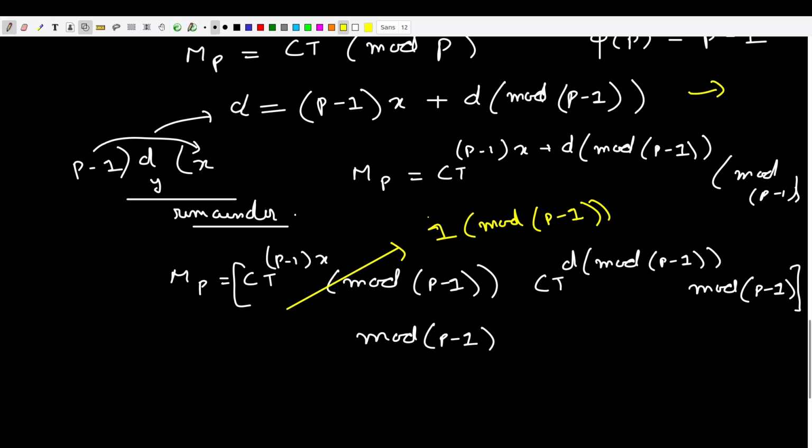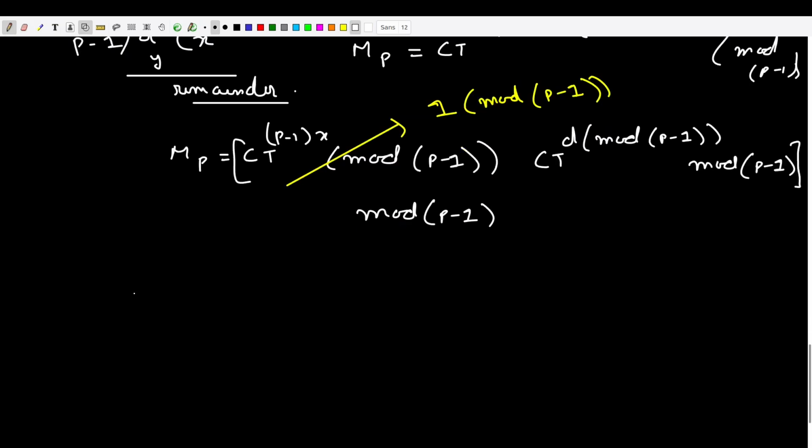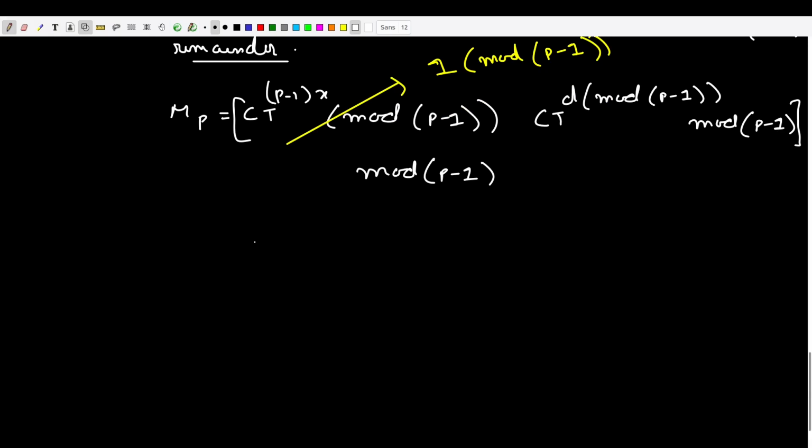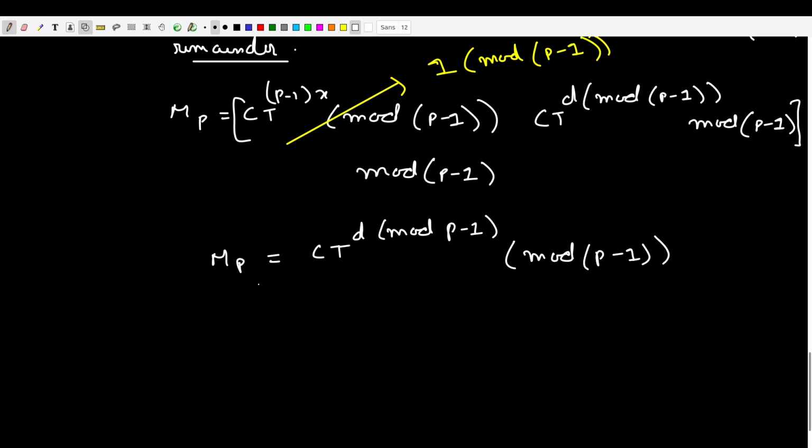So this becomes 1, because of which MP gets reduced, or MP has been optimized, to ciphertext to the power d mod p minus 1, modulo p.